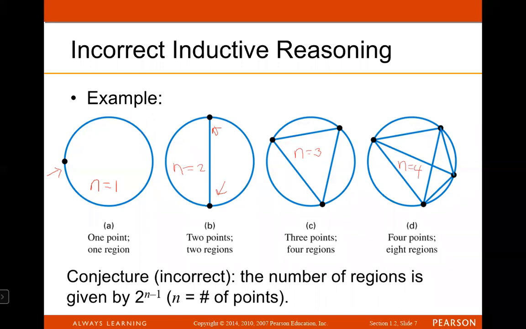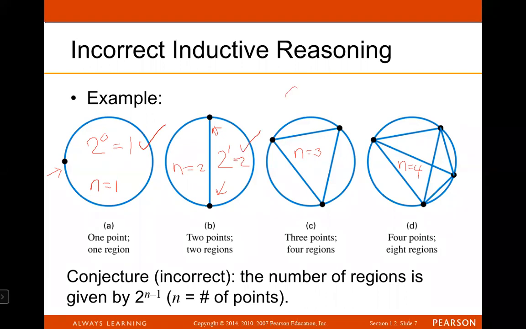So the conjecture is that there are 2 to the n minus 1 regions, and it's true in our first image. Our conjecture says 2 to the power 1, because it's n minus 1 in the exponent, which is 2 regions. That checks out here.